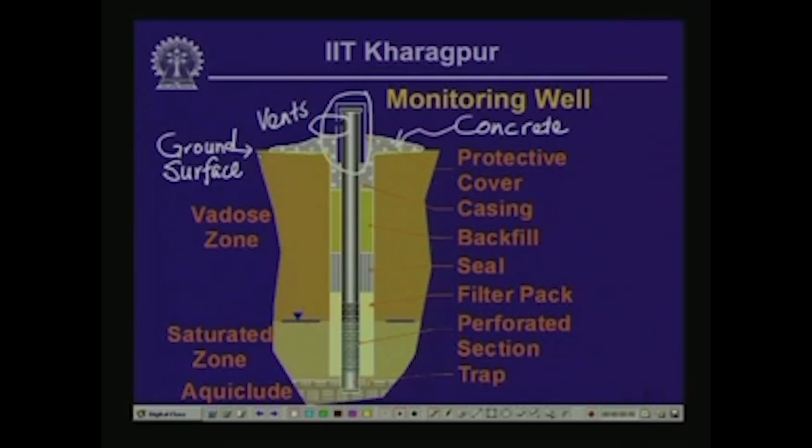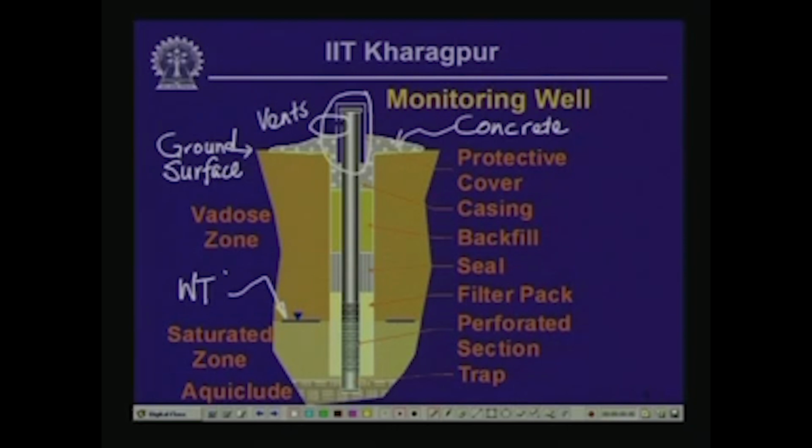Underneath the vadose zone is a saturated zone, and on the interface between the saturated and unsaturated zone, as we know from previous lesson, is the entity called the water table.